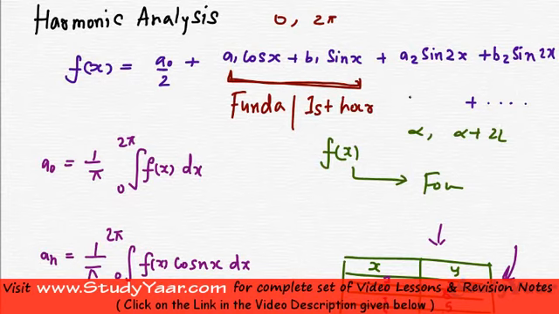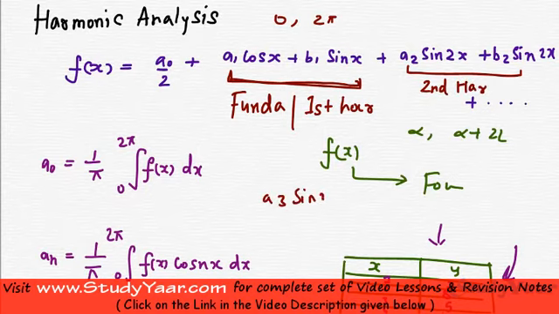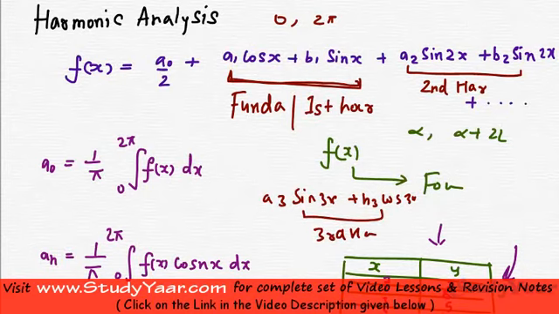Similarly, the second term is known as your second harmonic, and so on. If you have plus a3 cos 3x plus b3 sin 3x, it's going to be your third harmonic.